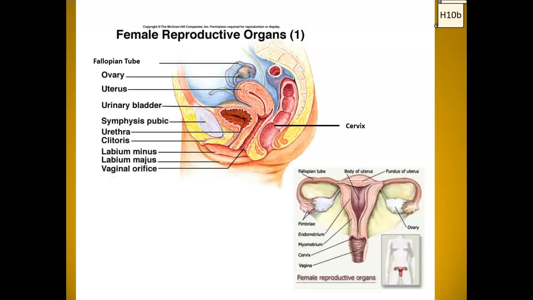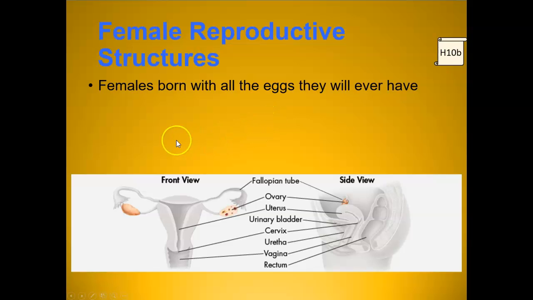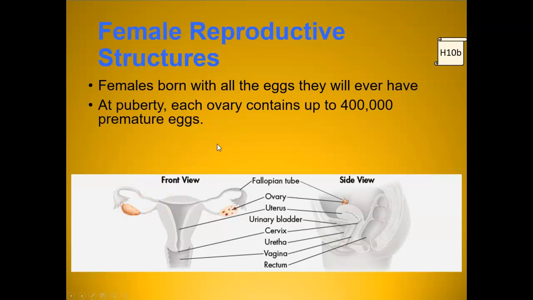And then, structures we want to pay attention to. Females are born with all the eggs that they will ever have inside the ovaries, and then at puberty, each ovary contains something on the order of about 400,000 what they call premature eggs.